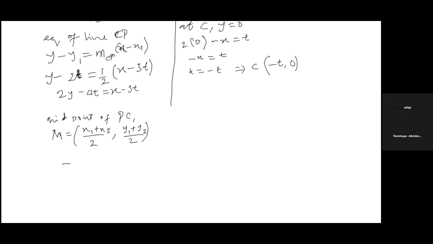So x1 is coming from P, that's 3t, plus x2, which is minus t from C, over 2, comma y1, that's from P, which is 2t, plus y2, that's from C, which is 0, over 2.